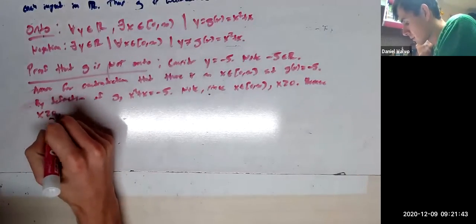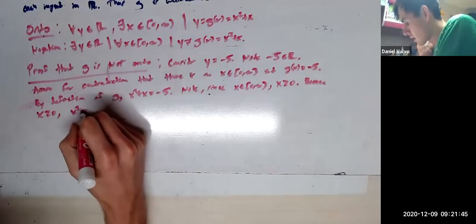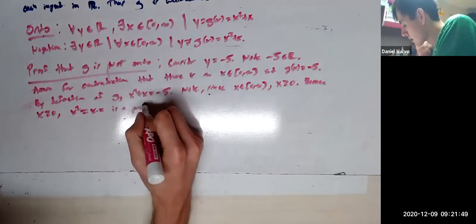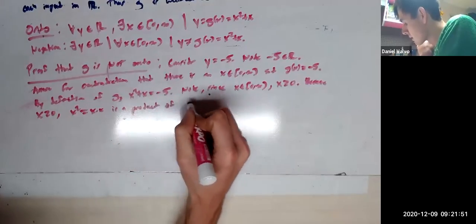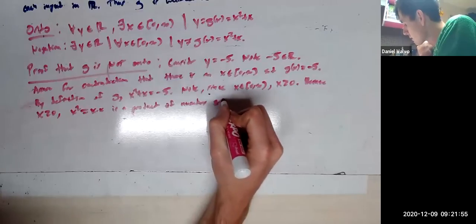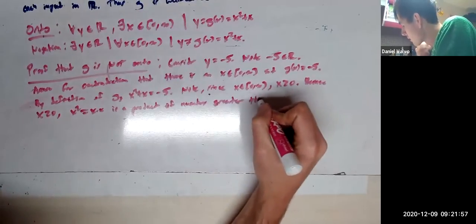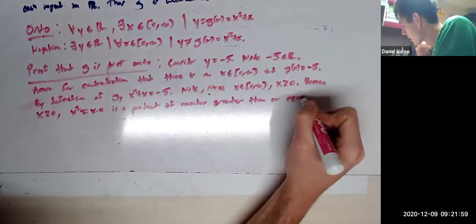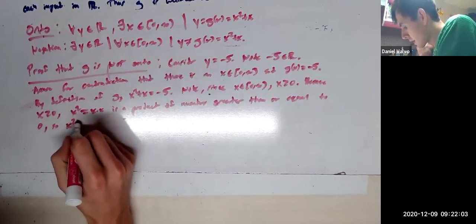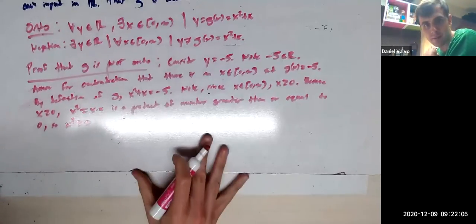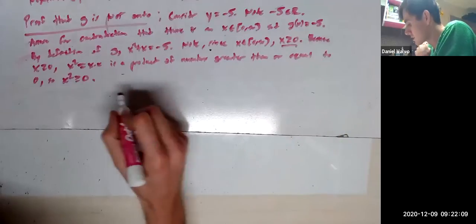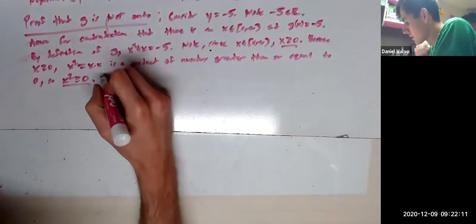Because x is greater than or equal to 0, x squared, which equals x times x, is a product of numbers greater than or equal to 0. So x squared is greater than or equal to 0. So we have x greater than or equal to 0 and x squared greater than or equal to 0.